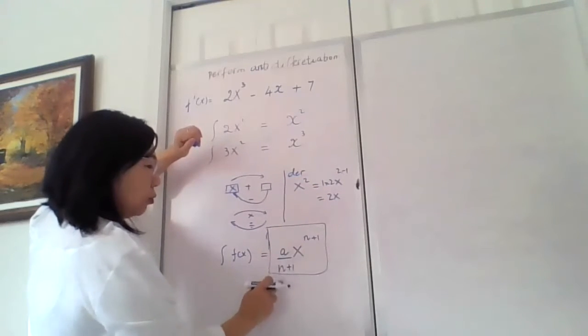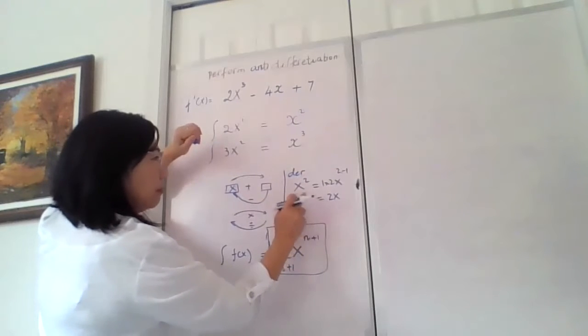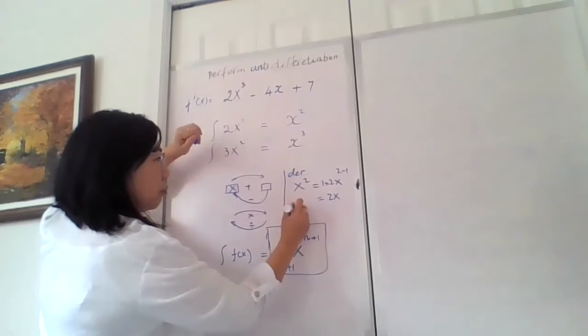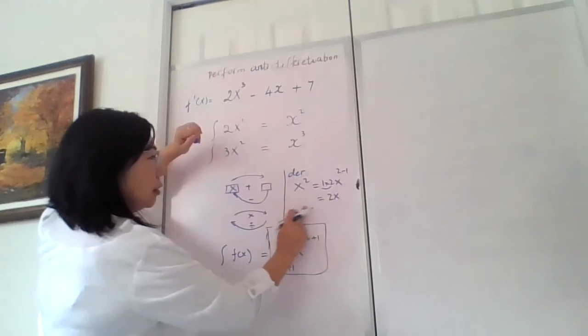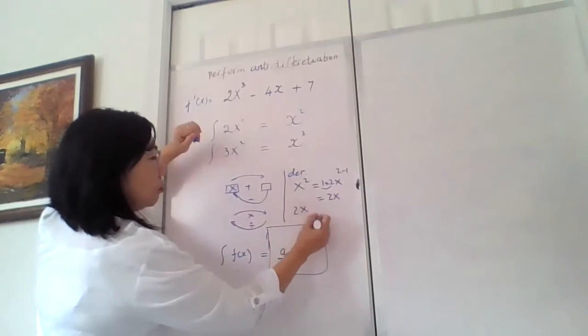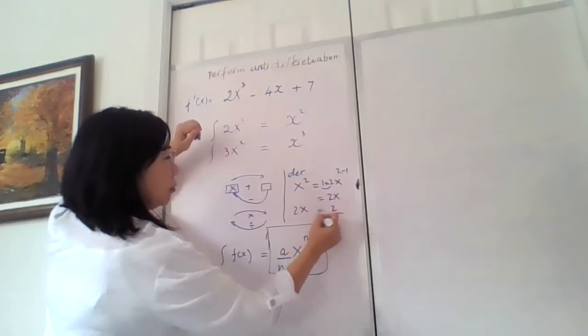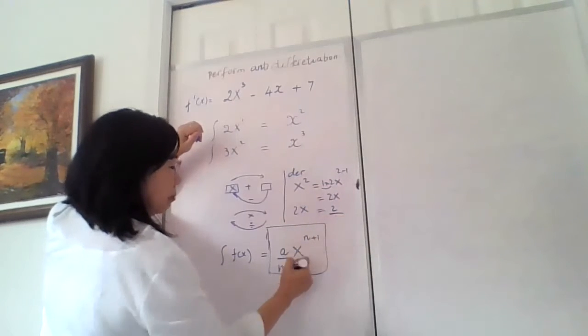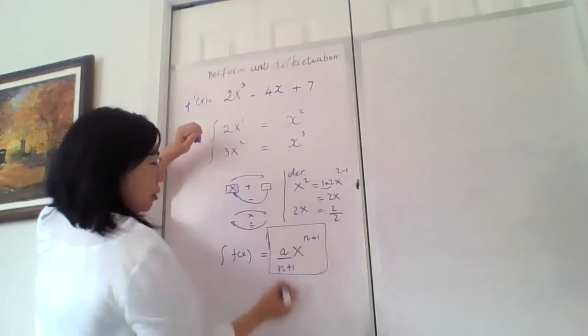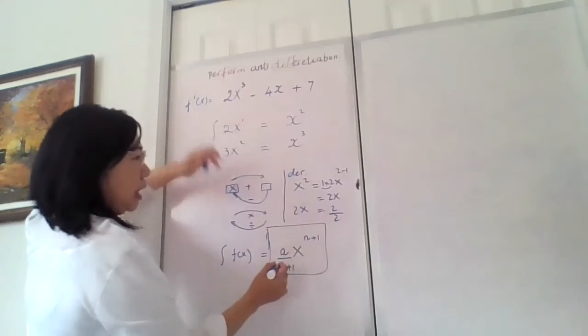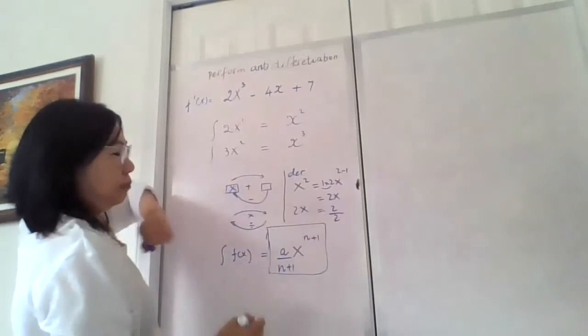Going backward, instead of multiplying 1 times 2, we divide. So the number 2 here has to be divided by the power n plus 1, which is 2. That's how this formula comes from.